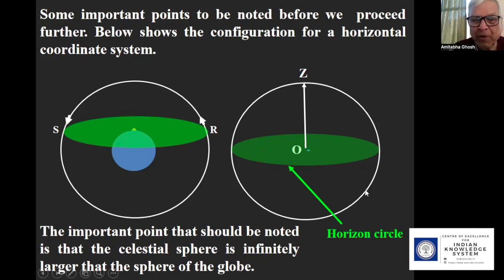Now, ancient astronomers recognized this fact that Earth is too small compared to the celestial sphere. What they did, they noted the rising of some stars which are located on the celestial equator. And at the same time, they saw which star is rising here and simultaneously which star is setting. So after 12 hours, they expected that this star will rise and this star will set.